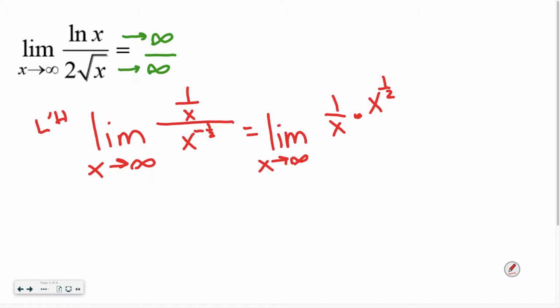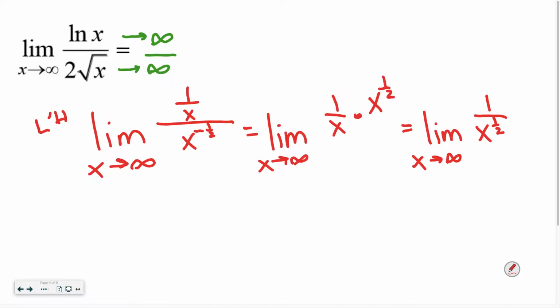Because it's a negative exponent, we bring it up. So if we simplify this, we have x to what power? Yes, we would have x to the negative 1/2. So we can write this as 1 over x to the 1/2 power.